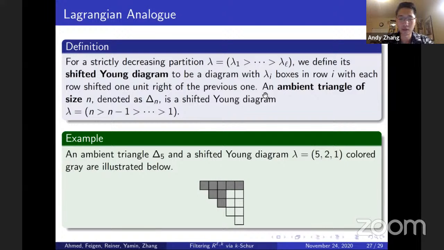And similarly, we could define an ambient triangle of size n, denoted as delta n. This is just a shifted Young diagram n minus 1 all the way to 1. So in this example, we're looking at the ambient triangle delta 5 and the shifted Young diagram 5, 2, 1.